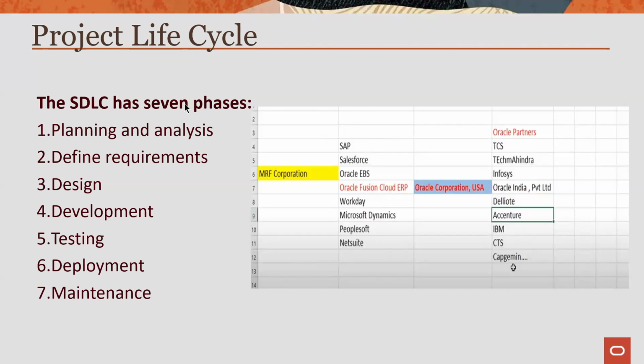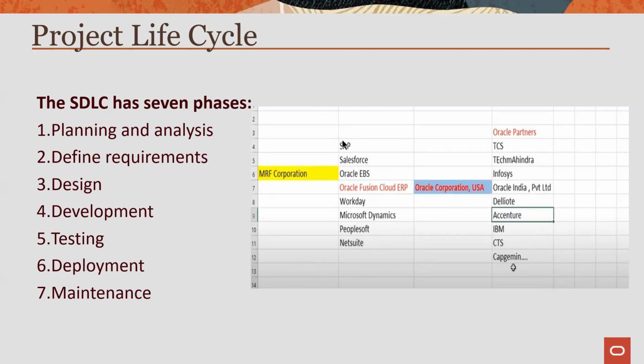Project life cycle. Once your project comes, all the bids will happen before the project is awarded. Different companies will participate, and finally the company, in this example MRF Corporation, wants to use a CRM system or some enterprise system.